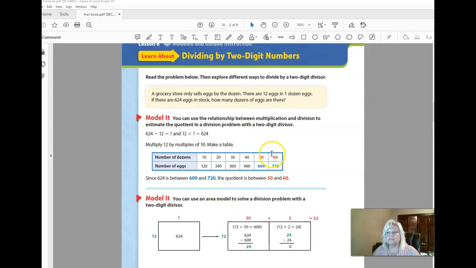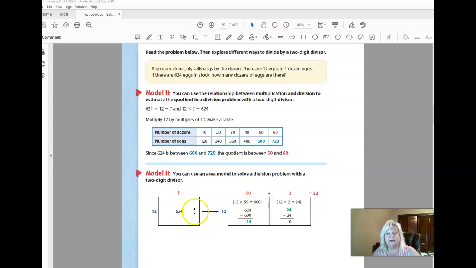So now that we know it's going to fall between 50 and 60, we come down here and we start our little box table. We say 12 times something is going to give me 624. So I say, well, 12 times 50, we already did that up here, is 600.